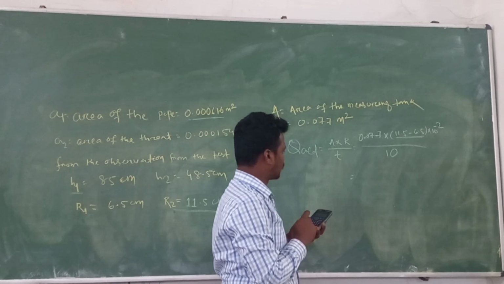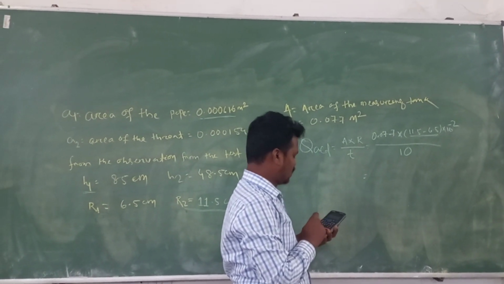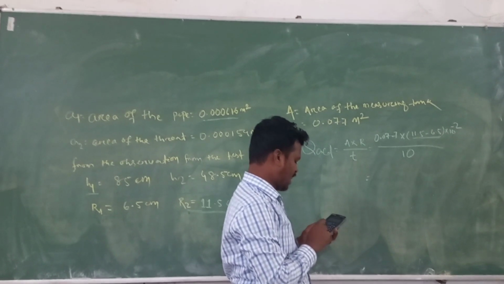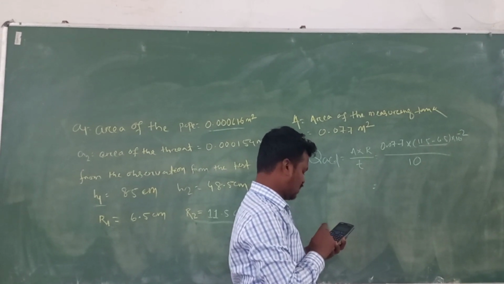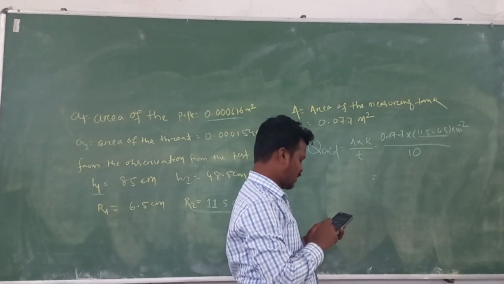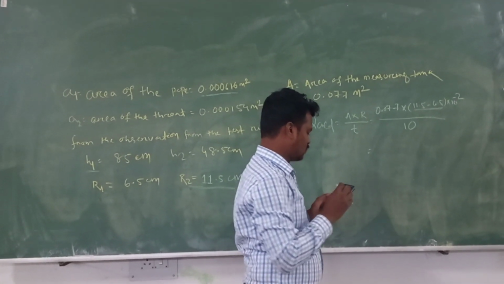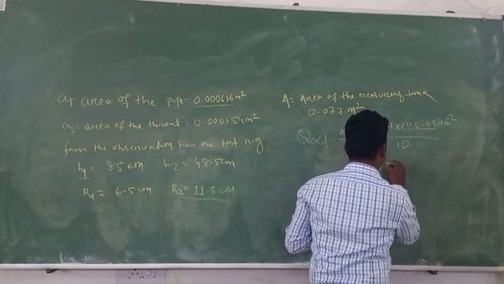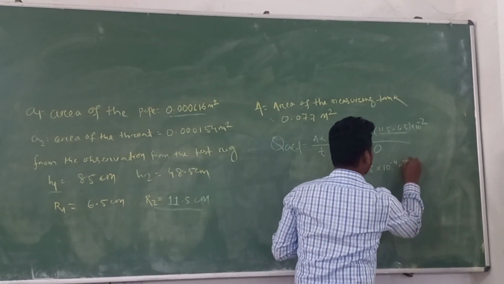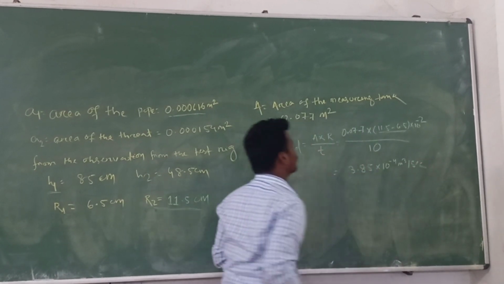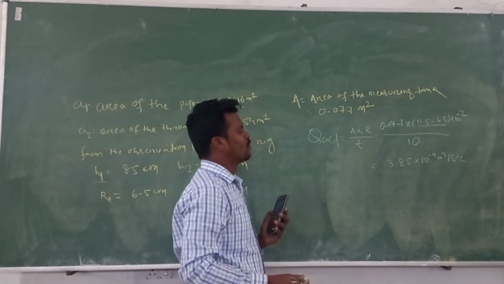So by putting the value of area of the measuring tank, 0.077 meter square, into 11.5 minus 6.5 into 10 to the power minus 2 divided by 10 seconds, the value comes to 3.85 into 10 to the power minus 4 meter cube per second. So the actual flow rate comes out to be 3.85 into 10 to the power minus 4 meter cube per second.